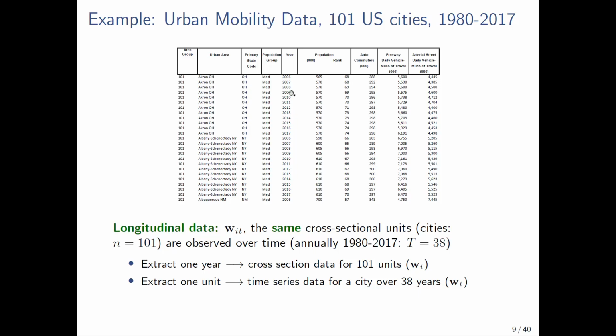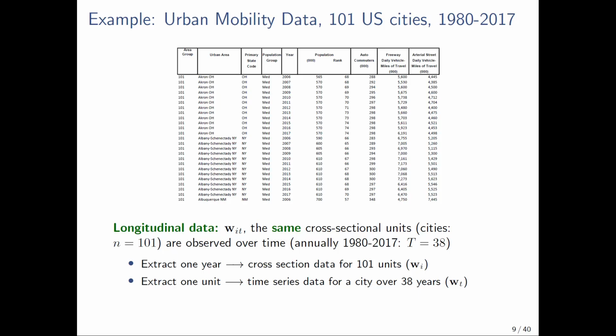These cities are observed over years, listed here, with information on the population the city had, the number of commuters, and daily vehicle miles travelled on both freeway and arterial roads. So this is an example, of course, of a longitudinal data set. The same cross-sectional units, that is, these 101 cities, are observed over time annually for 38 years.